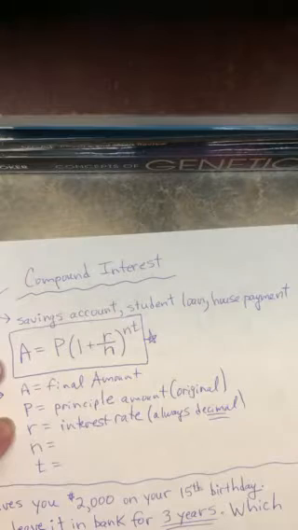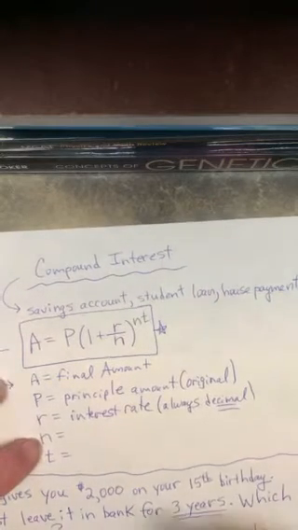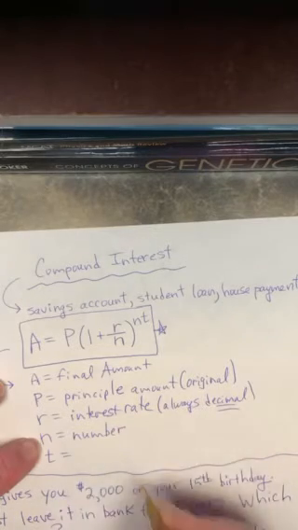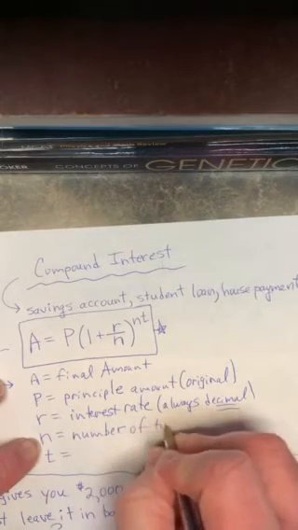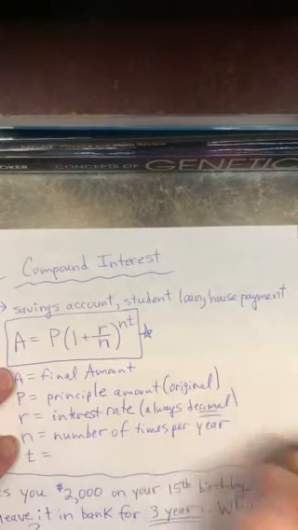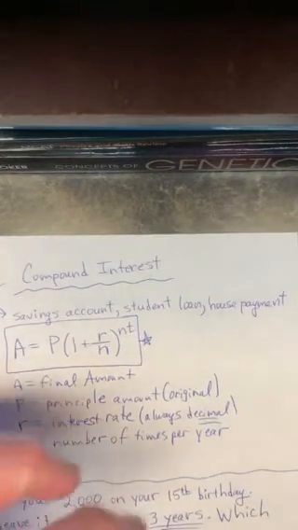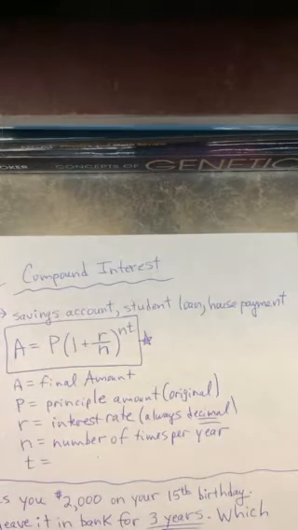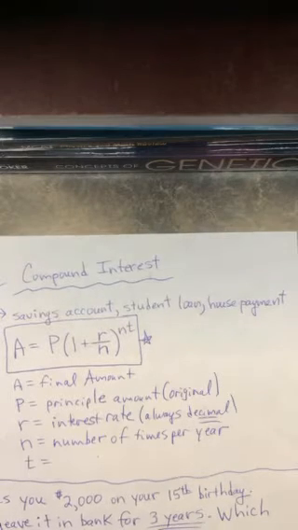N stands for the word number, and what they mean by number is the number of times per year, the number of compounding intervals per year that they're going to stop and calculate the interest on the account that you're creating. Okay?